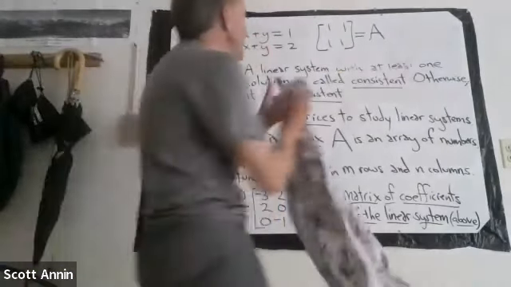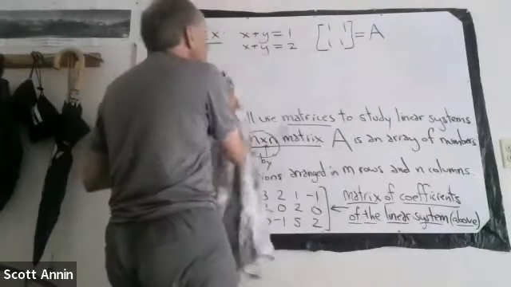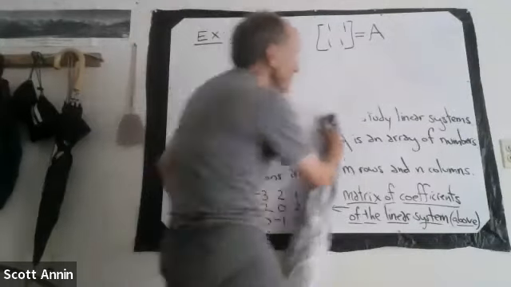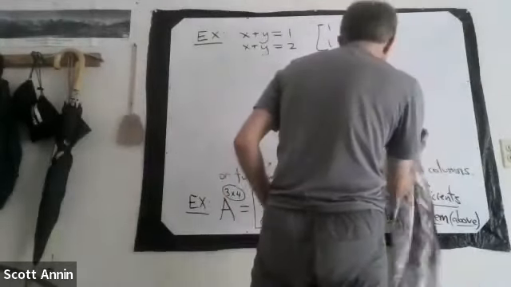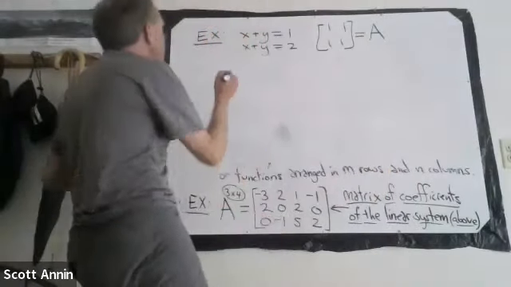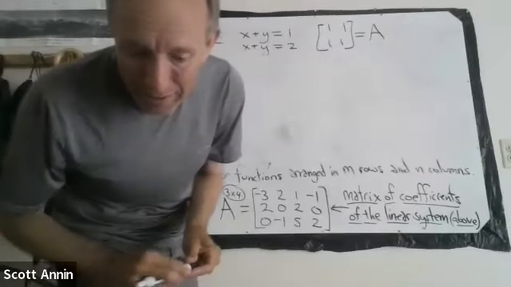So we have a little fix for that. Sometimes we actually do want to keep track of everything, not just the coefficients on the left side. So let me show you what the augmented matrix for a linear system is.